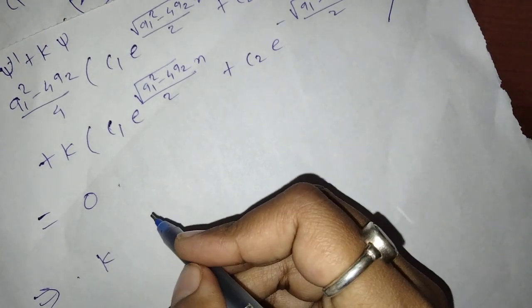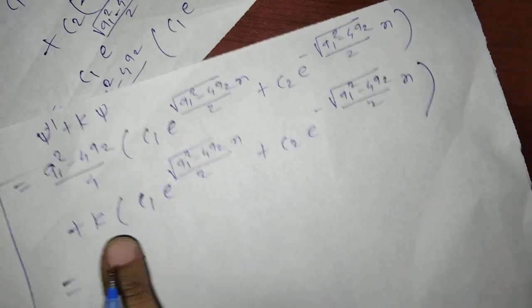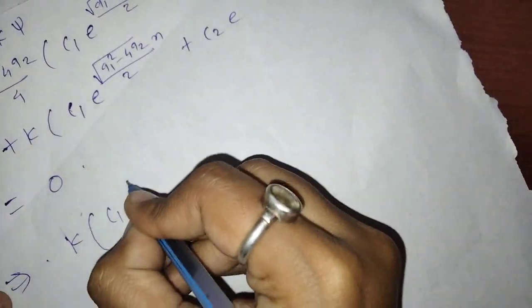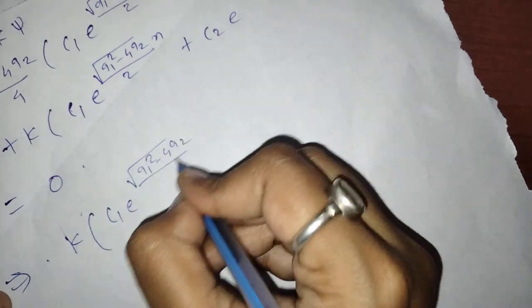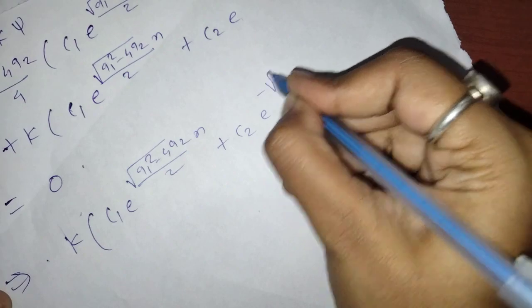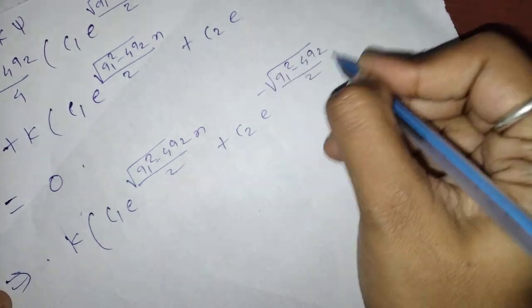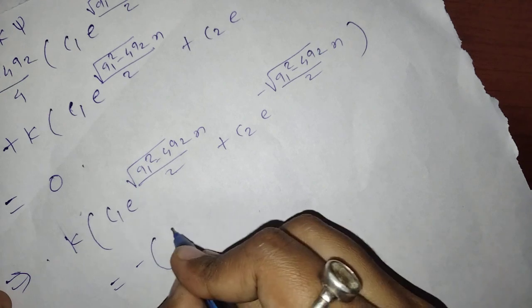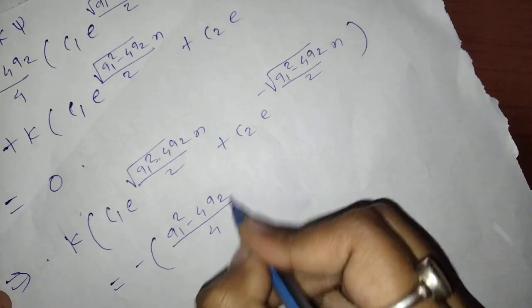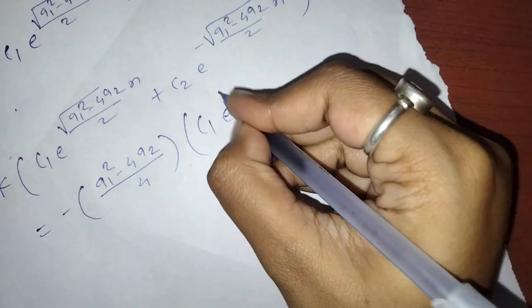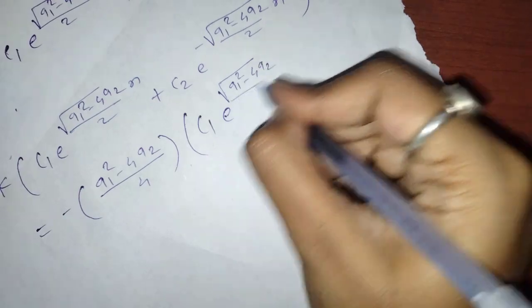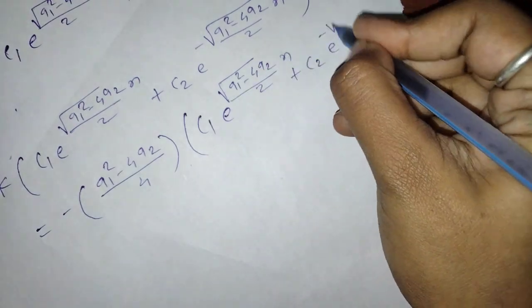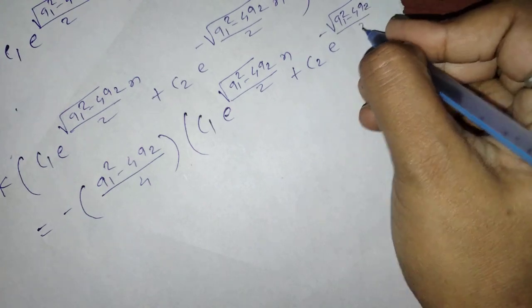So equating, k into c1 e raised to under root a1 square minus 4a2 upon 2x plus c2 e raised to minus under root a1 square minus 4a2 upon 2x is equal to minus of a1 square minus 4a2 upon 4 into c1 e raised to under root a1 square minus 4a2 upon 2x plus c2 e raised to minus under root a1 square minus 4a2 upon 2x.